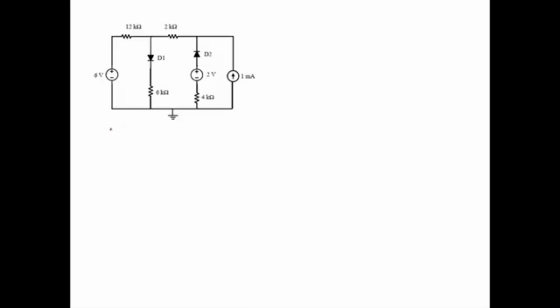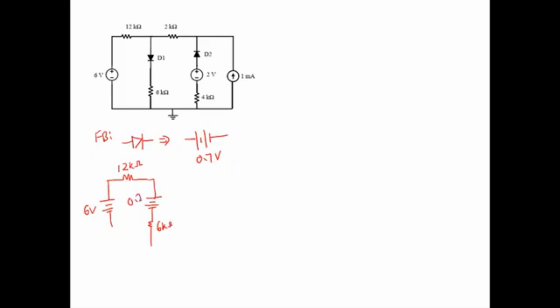When all diodes are forward bias, the diode can be replaced with a DC source, and the value of the DC source is 0.7 volt because of the silicon type. So you can redraw the circuit. This is 6 volt, and you have 12 kilo ohm, and then 0.7 volt connected in series with 6 kilo ohm.